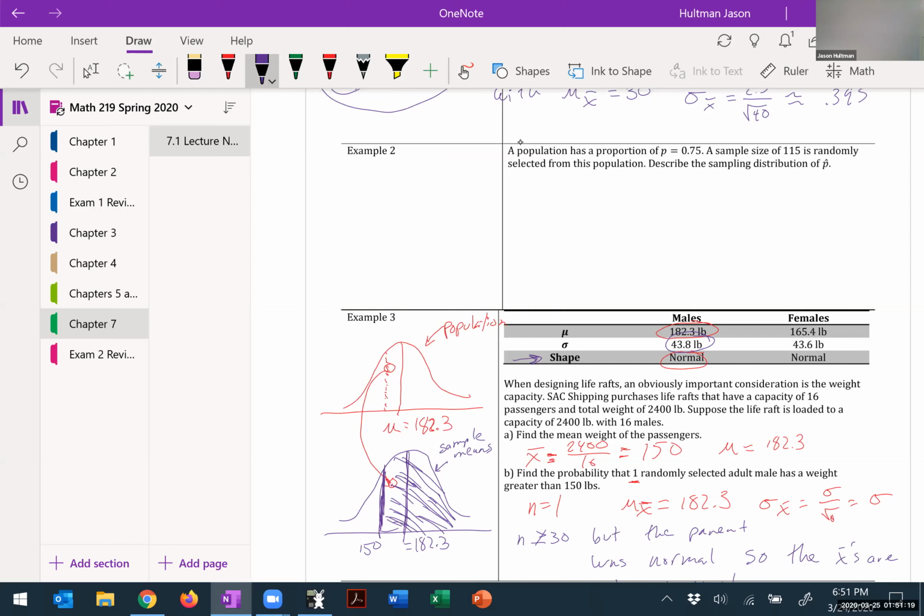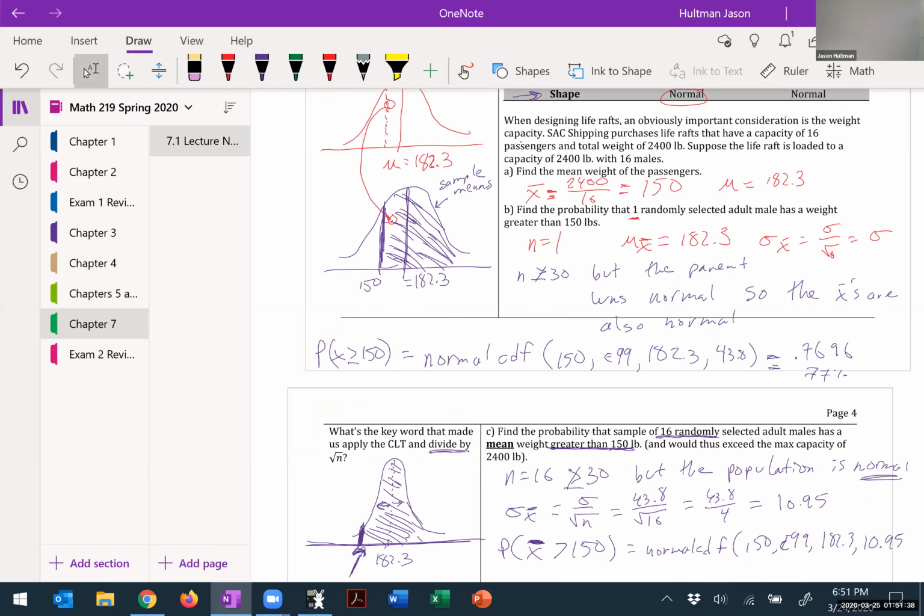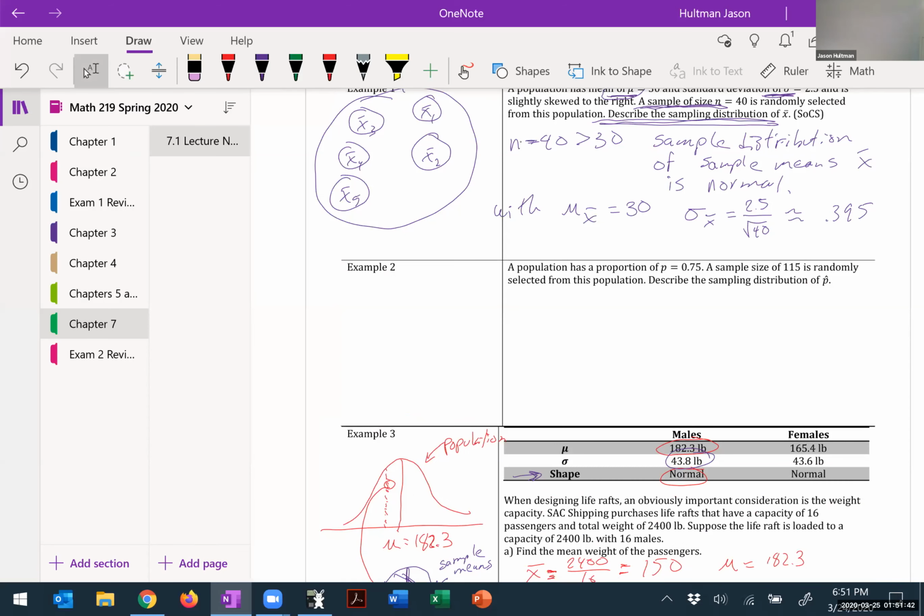Now, if it told us the shape wasn't normal, then in order to do any of this stuff, I would have had to take a sample size bigger than 30. But I can still take sample sizes that are less than 30, because we know that the original population is normal.